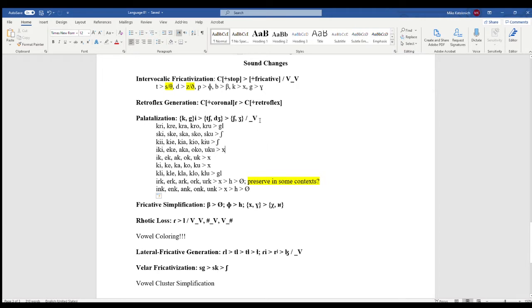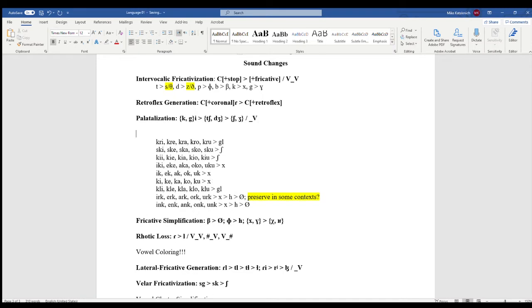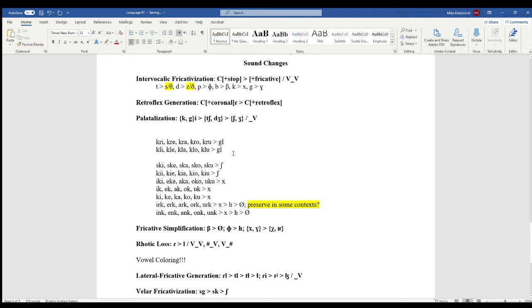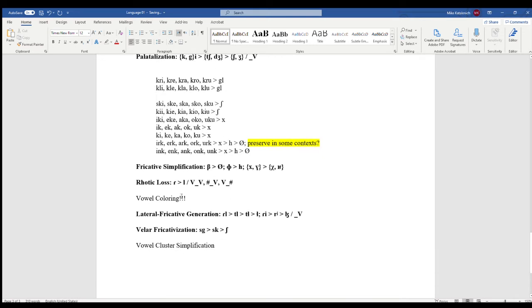Perfect. I don't know what to call any of these, but I want a rule that says consonant. Well, let me group them. So these two go together. That almost makes me want to do my R to L. What has to happen?